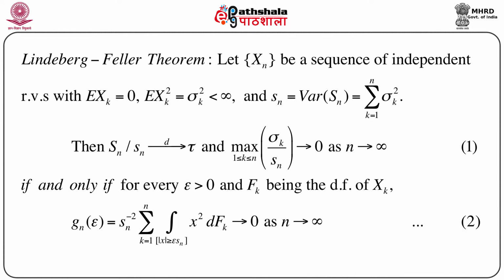This quantity, Gn(epsilon), goes to 0 as n goes to infinity for every epsilon greater than 0. So this is basically both a necessary and sufficient condition.